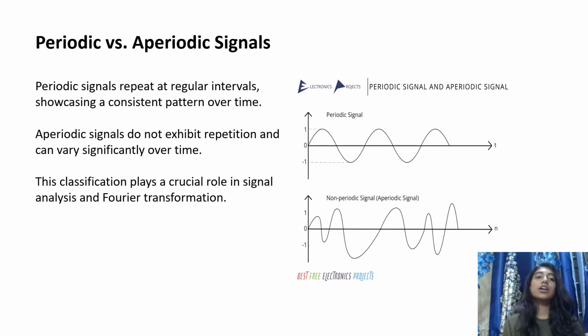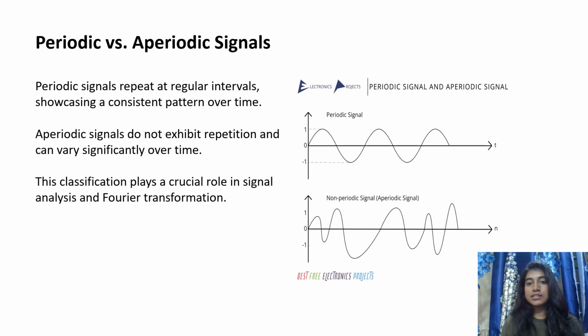Moving on, we have periodic and aperiodic signals. Periodic signals repeat at regular intervals, showcasing a consistent pattern over time, while aperiodic signals do not exhibit repetition and can vary significantly over time. The classification plays a crucial role in signal analysis and Fourier transform.